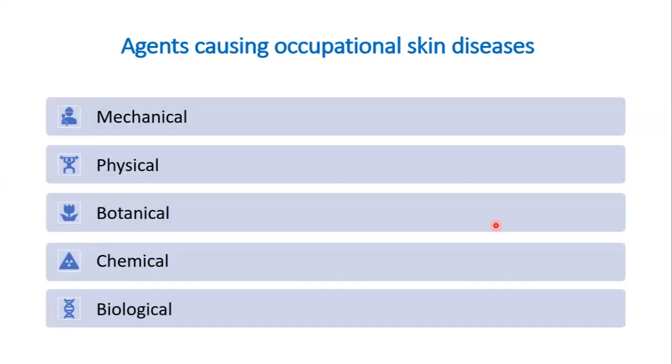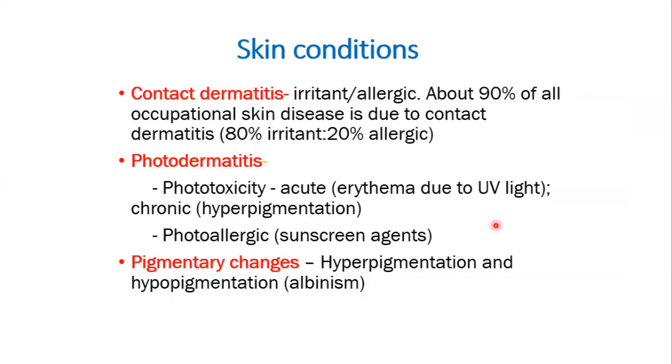All right, in terms of the agents causing occupational skin diseases, they may be mechanical, they may be physical, they may be botanical, chemical, or biological. So there's a wide range of agents that can lead to skin disorders or skin diseases. I just want to mention some of the more important skin conditions in the occupational environment. One of the number one conditions is contact dermatitis, in which different chemicals come in contact with the skin.